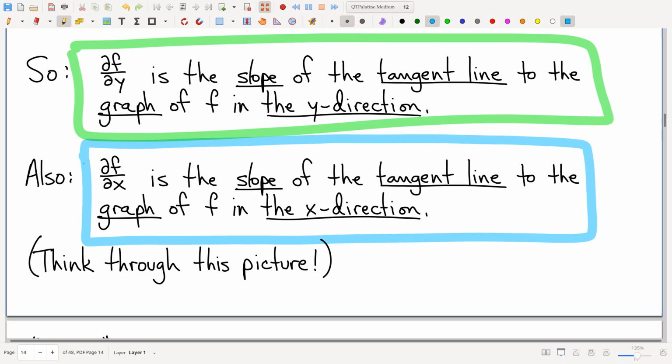But that's not a mathematical argument. So I think it is a healthy exercise to think about how the argument would change if you wanted to argue about the x partial instead of the y partial. Can you make that argument, draw the corresponding pictures, and make sure to check all the details, and make sure that this works also in the x direction? Really healthy exercise. Of course, as always, if you get stuck on any of that, come talk to me in office hours. I'll be very happy to walk you through it.